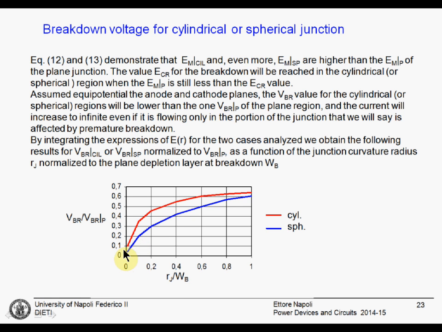It's 0.1. This means 10%. I'm designing a 600 volt device, and I get 60 volt breakdown. If this value is more reasonable, this value increases. But please note that the maximum value is below 0.7. It's below 70%. From a 1 kV device, you get 600 volt breakdown.